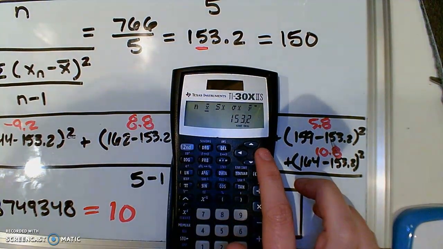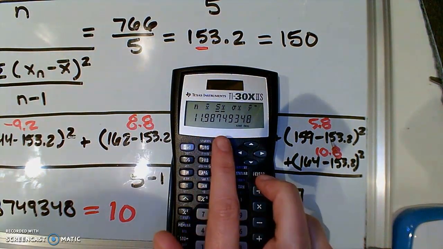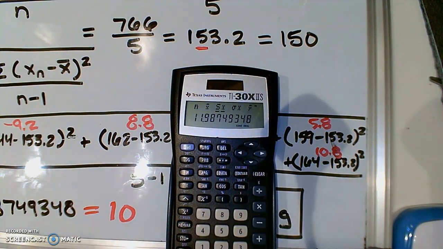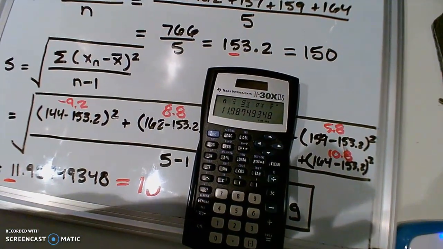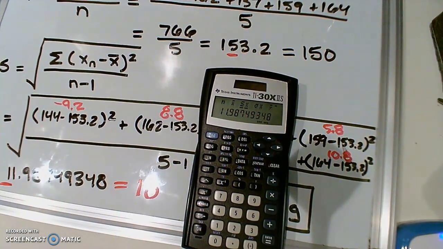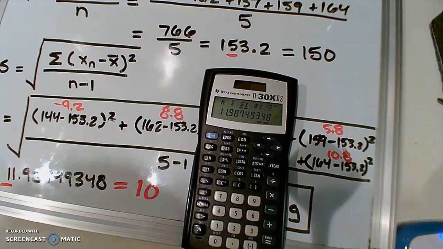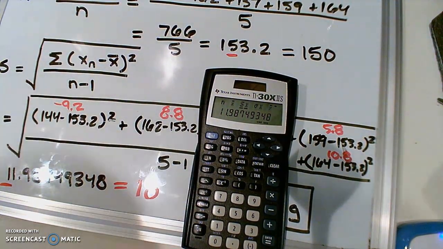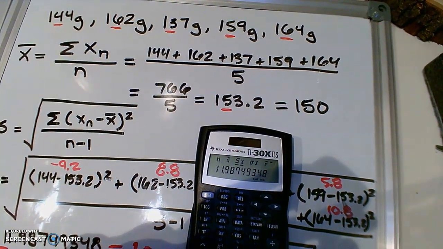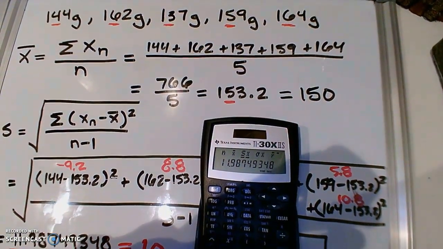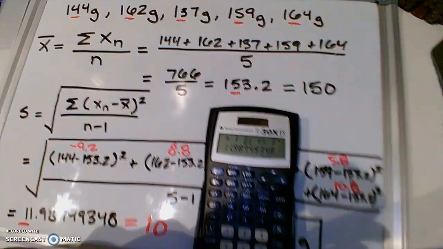And then our standard deviation, 11.98749348, which is exactly what we calculated with our big long equation. So that was way faster, even with my little mistakes of figuring out if I was doing it correctly.